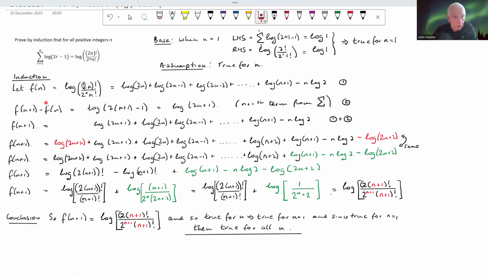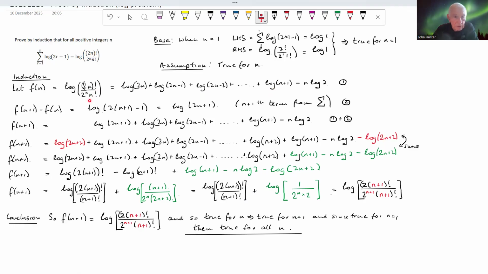So let's have a look at that. By default, we're going to define this as convenient notation to being equal to this right-hand side. And that is, if we apply our log rules, going to be the log of 2n, and then every integer down from that, log of 2n minus 1, 2n minus 2, all the way down to log of n plus 1, because obviously we've got cancellation here.